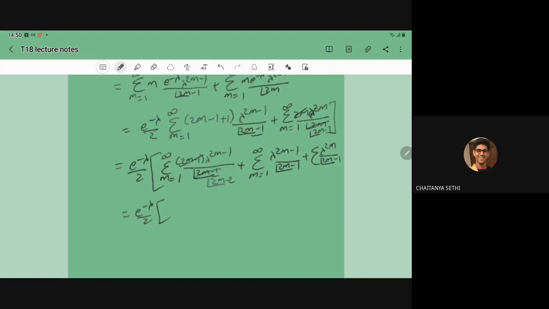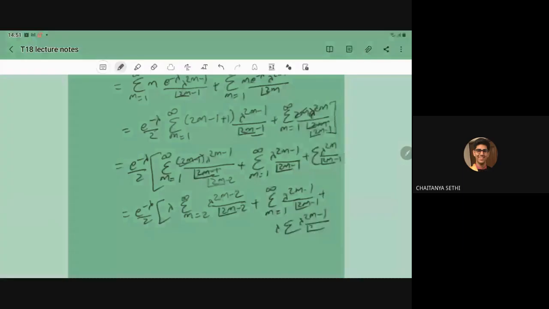So this can be written as lambda times summation from m equal to 2 to infinity; now you have to start the summation from m equal to 2 to infinity, of lambda to the power 2m minus 2 upon factorial of 2m minus 2, plus summation m equal to 1 to infinity of lambda to the power 2m minus 1 upon factorial of 2m minus 1, plus lambda taken outside, summation of lambda to the power 2m minus 1 upon factorial of 2m minus 1.